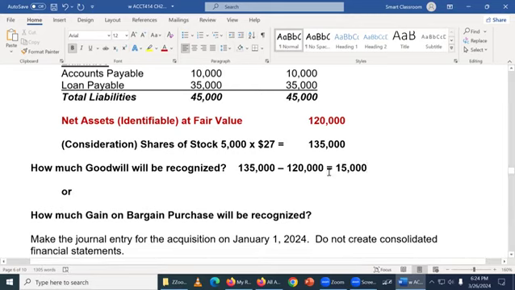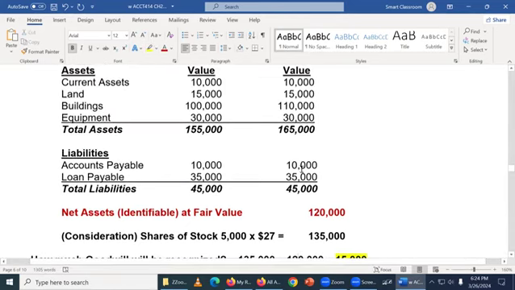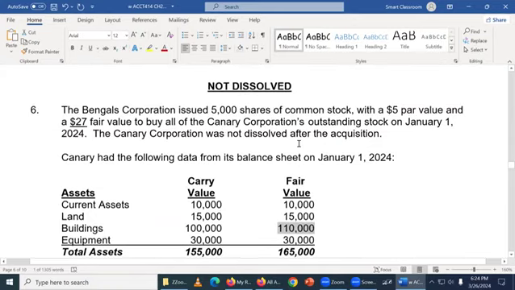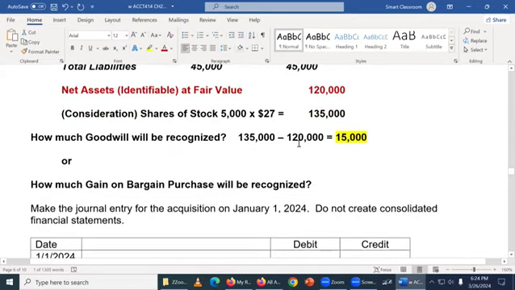Now we're really not going to do anything with the 15,000 because it doesn't get depreciated or anything. It just sits there. This building, we're going to have to depreciate at some point in the future. But we're just going to put this on the books.